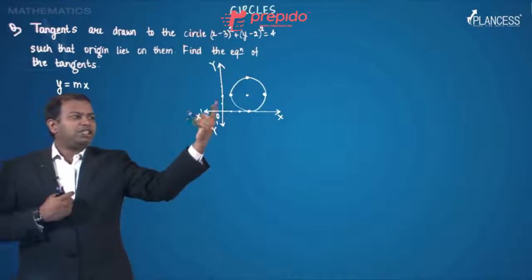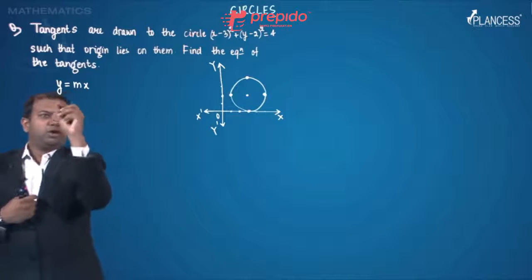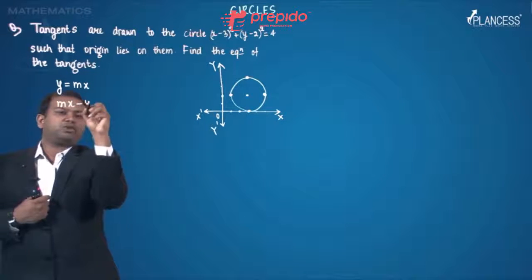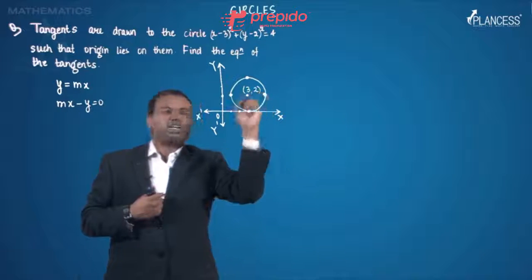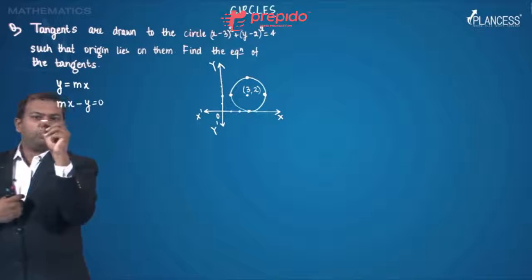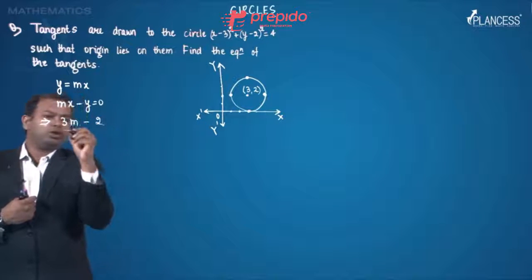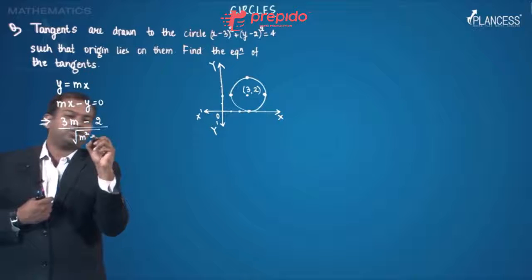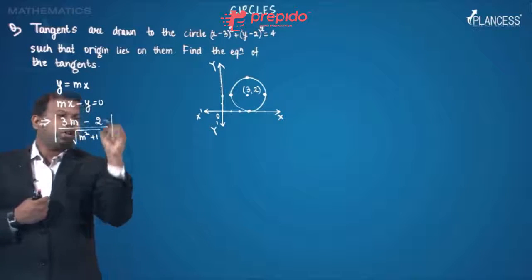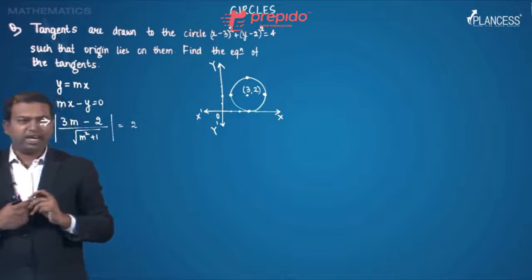Now since this line is supposed to be a tangent, we can write this as mx minus y equal to 0, and we apply the condition of tangency. What we get is modulus of (3m minus 2) upon under root of m square plus 1 is equal to 2, because 2 is the radius.